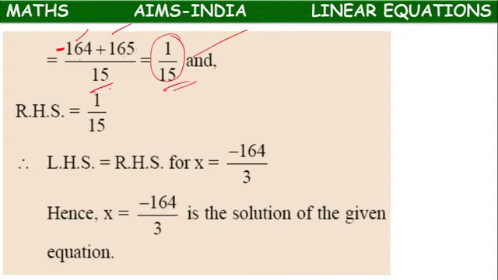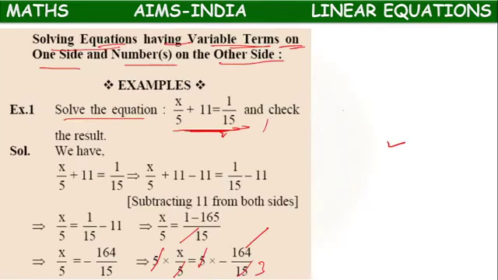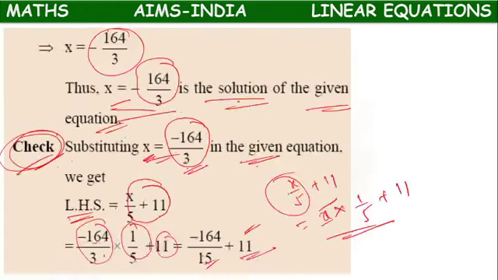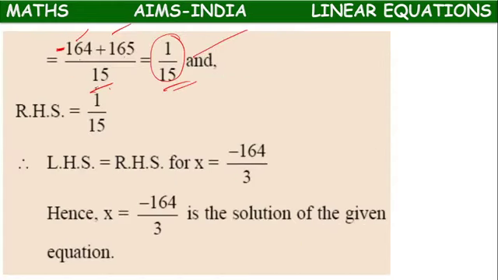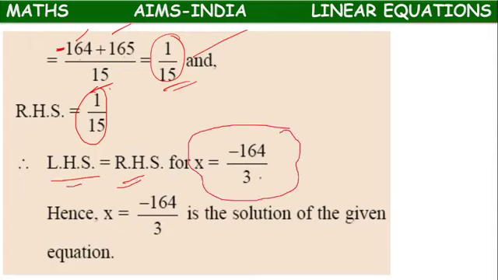RHS also 1 by 15 in the given question. So LHS equals RHS when we take x equal to minus 164 by 3. So x equal to minus 164 by 3 is the solution of the given equation.